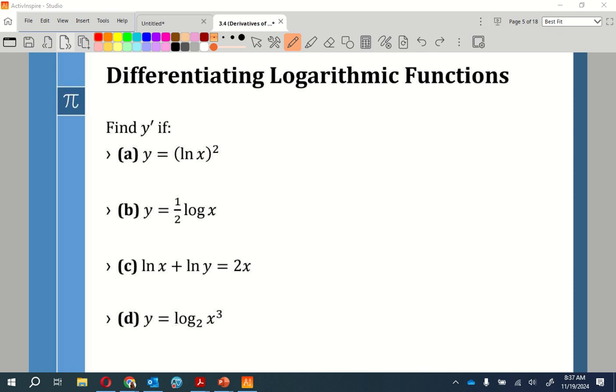All right, so let's go ahead. What am I going to do with this one here? I'm going to say that u is ln x. U prime is 1 over x. So as I write it, I get u squared, which is going to be 2u times u prime.